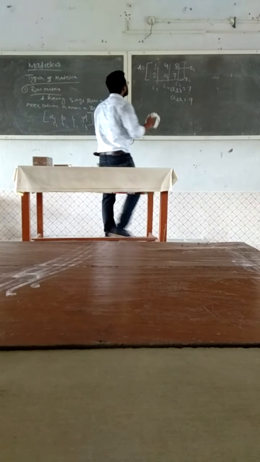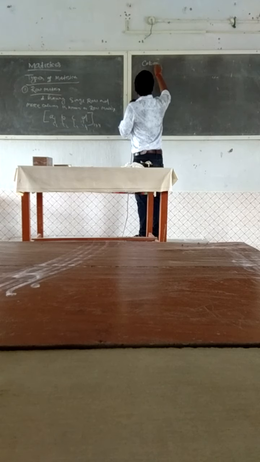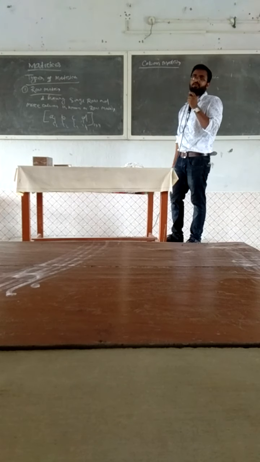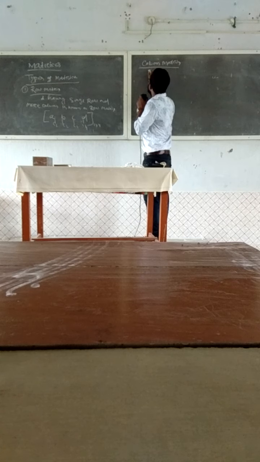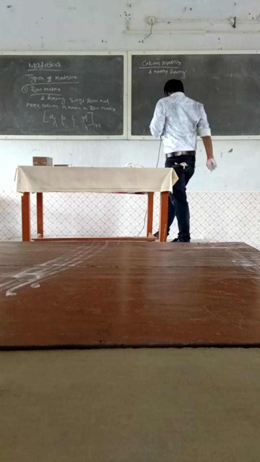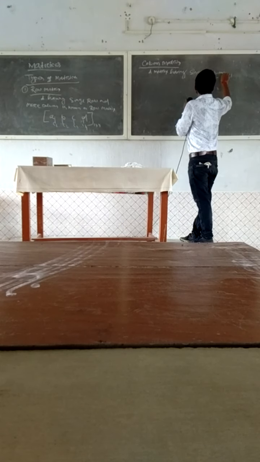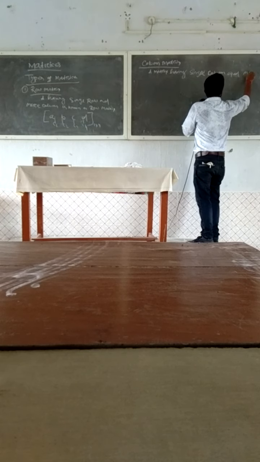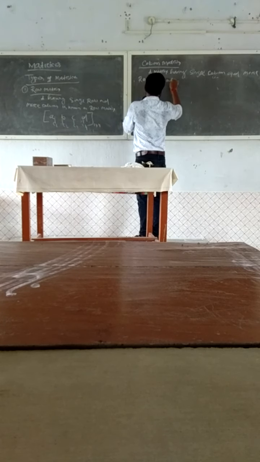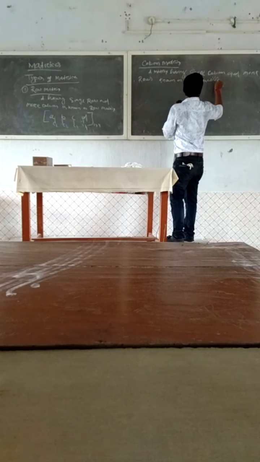Now to study the column matrix. If the matrix has a single column and more rows, it is known as a column matrix.